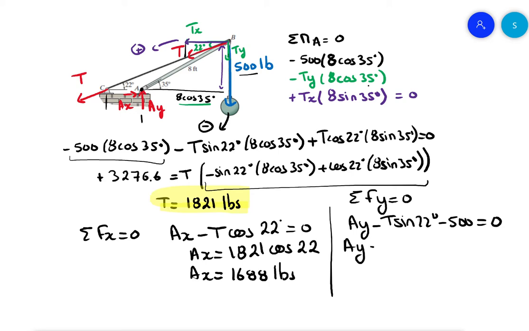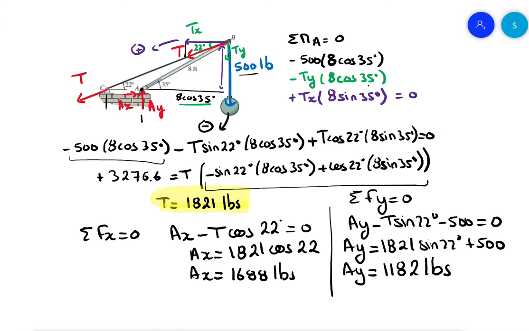So we have AY equal to T, 1821 sine 22, plus 500. That's 1182 pounds.